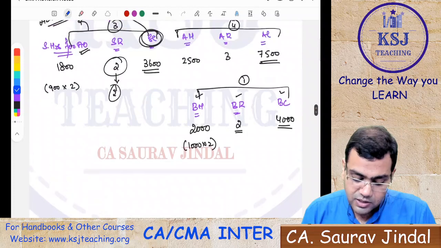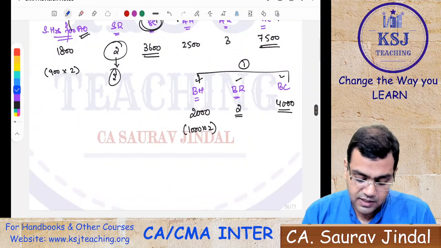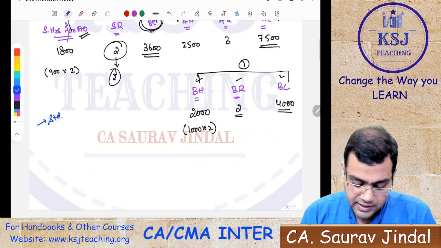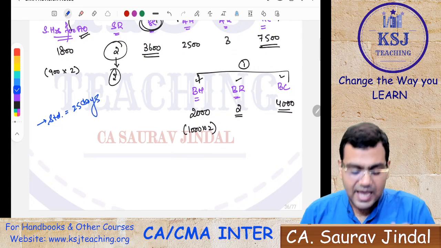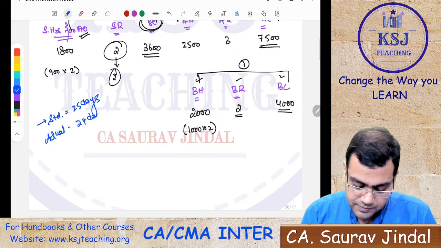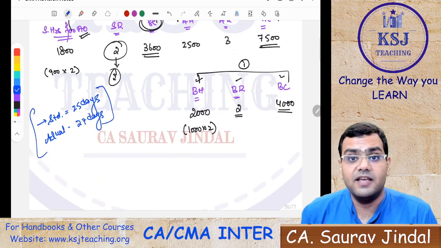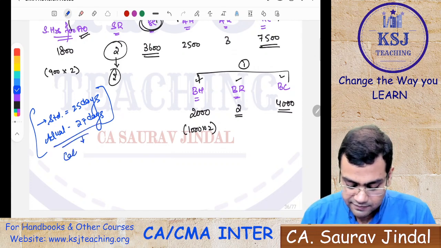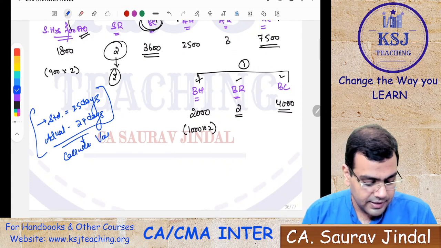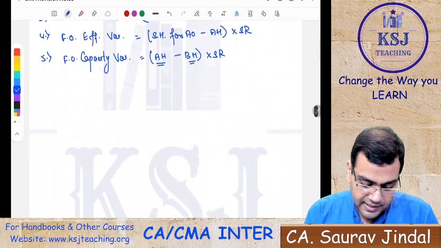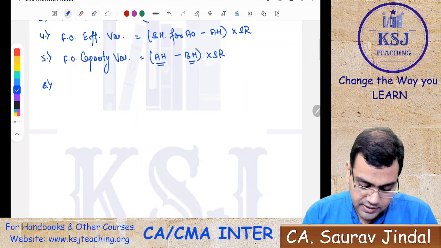Now, one thing you have to remember in this case: if it is given, let's say the standard is that the worker will work for 25 days in a month, whereas actually the worker has worked for 27 days in a month. If this is given in the question, then you can calculate the calendar variance. What is that calendar variance?